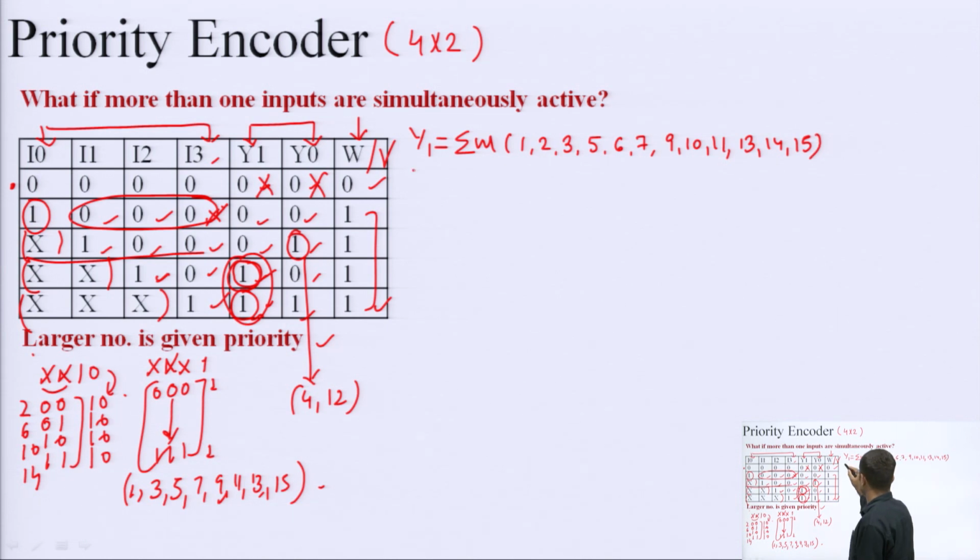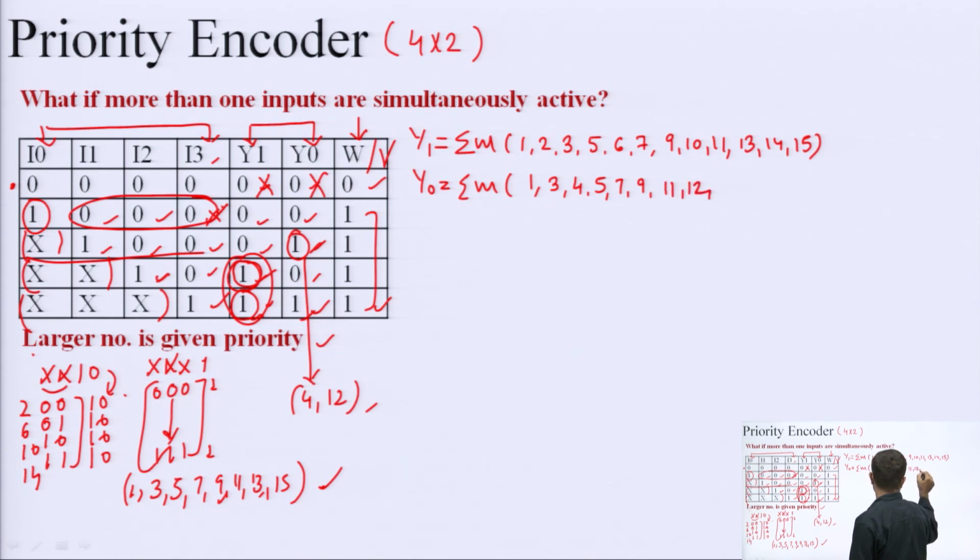Okay. Similarly, y naught is equal to these 2 high terms. So, these 2 high terms correspond to this 4 and 12 and these 8 terms from here. So, 1 3 4 5 7 9 11 12 13 and 15.